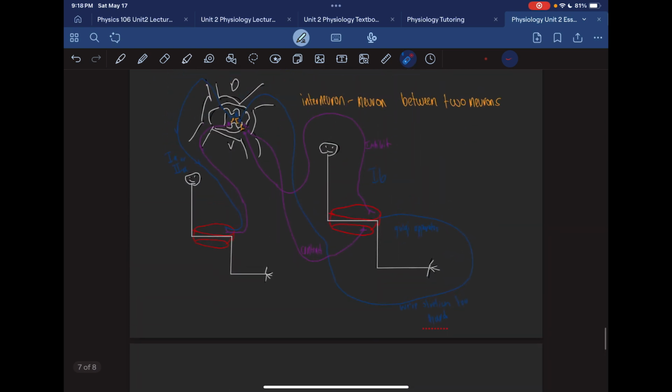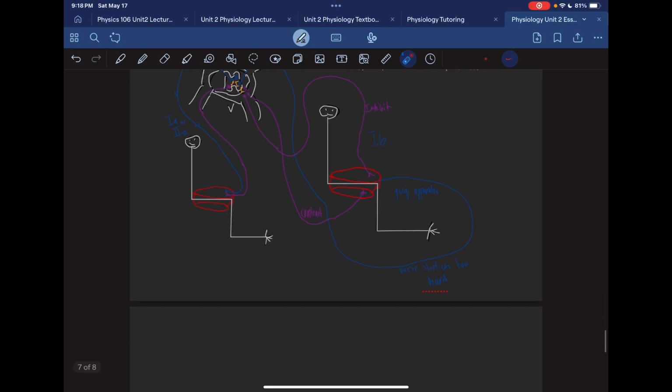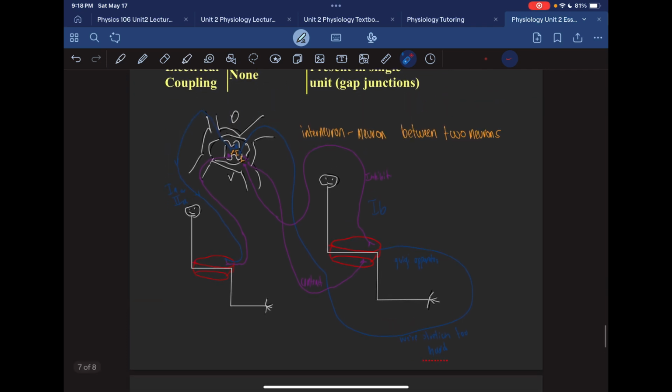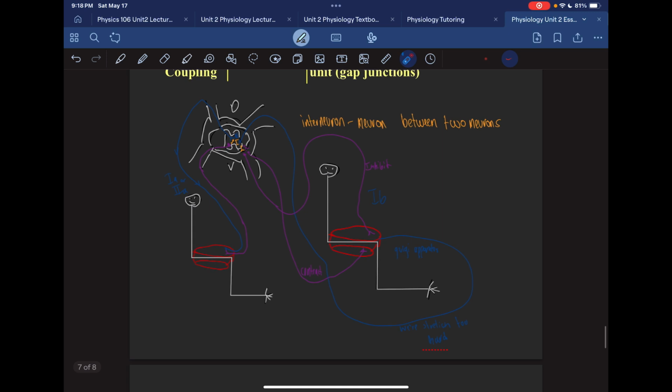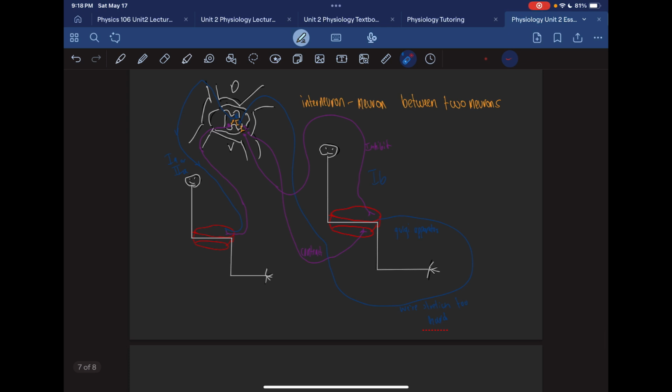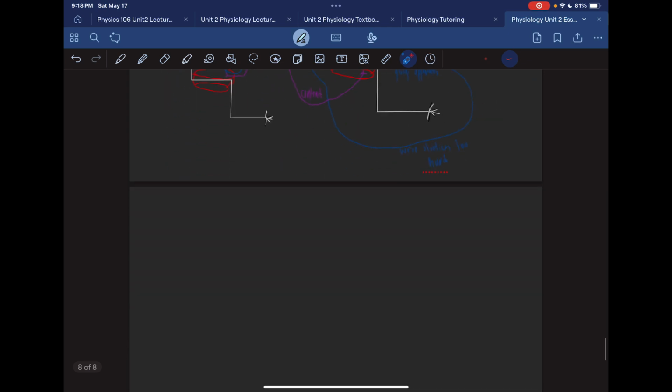Next, we have our reflexes, which we'll talk about the Golgi apparatus reflex here. This is basically where our neurotransmitters and our neurons are connected to, let's say, our quad here. And we're trying to stretch it out.